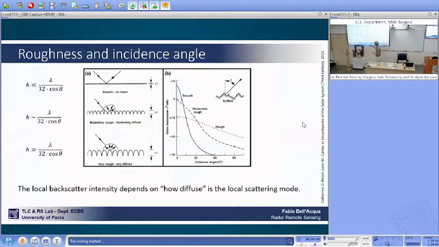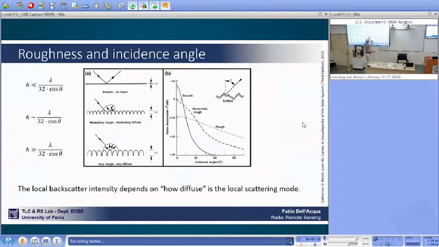If you have a moderately rough surface, there will be some mirror reflection, but also some diffusion, some scattering. Part of it will go back to the antenna and will be recorded, a minor part. But if you have a very rough surface, so if the bumps are big compared to the wavelength, then it will be completely diffused, and this component will start becoming strong.